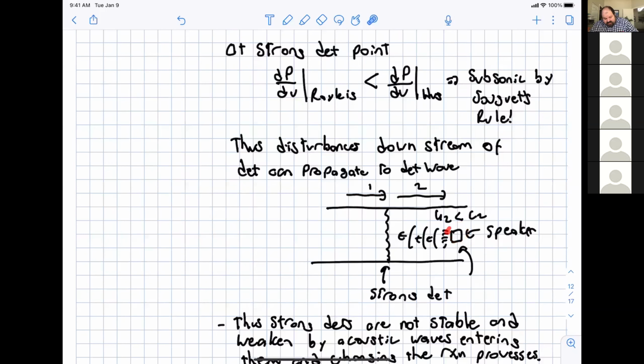Because the products are subsonic, the acoustic waves produced by the speaker can propagate to and interact with the detonation. So you would expect that any acoustic wave that is produced behind the detonation wave can propagate to and interact with the detonation.